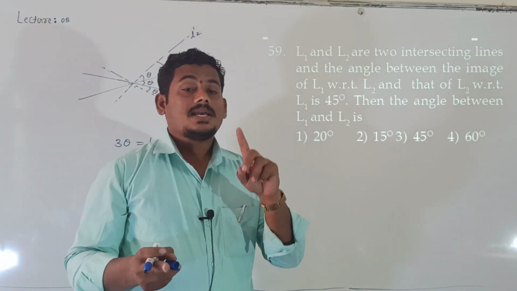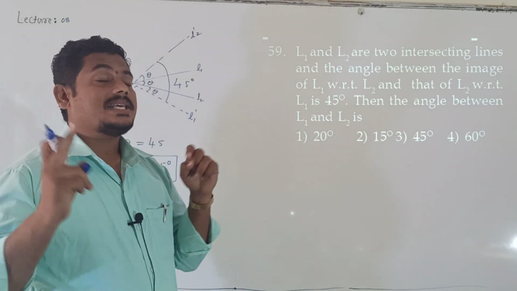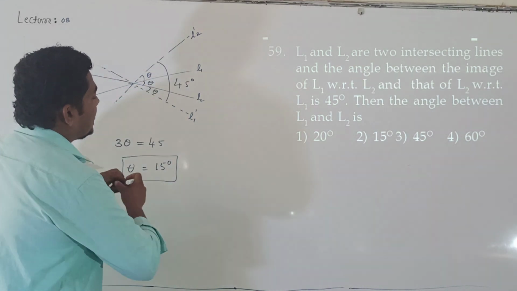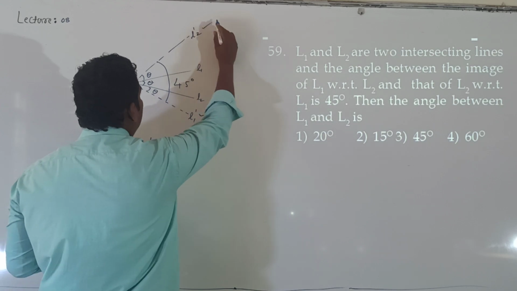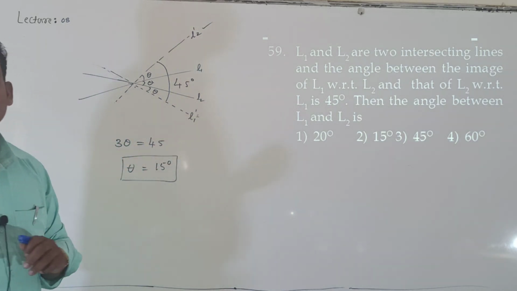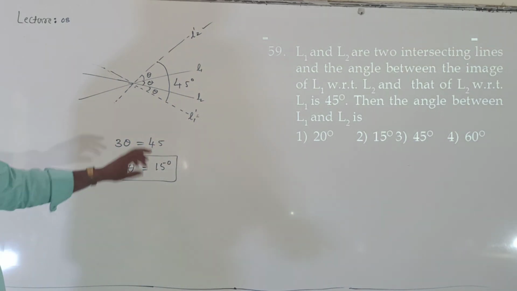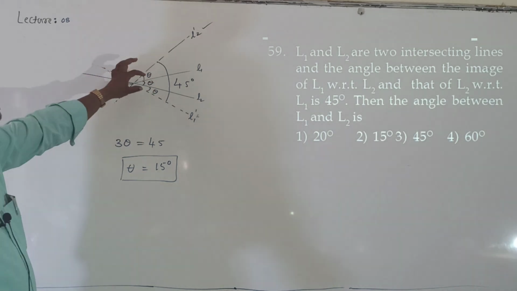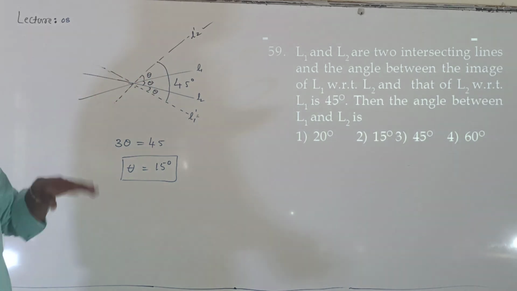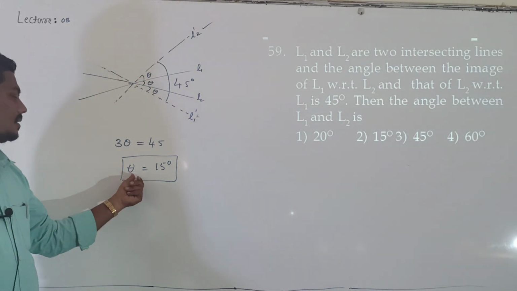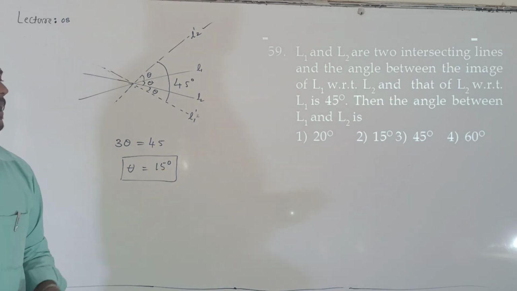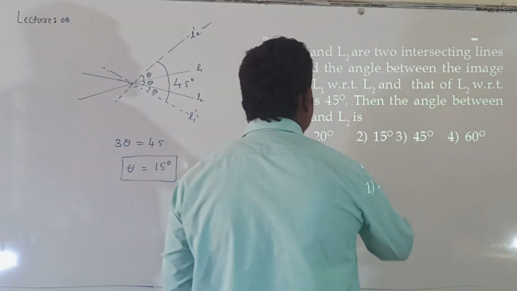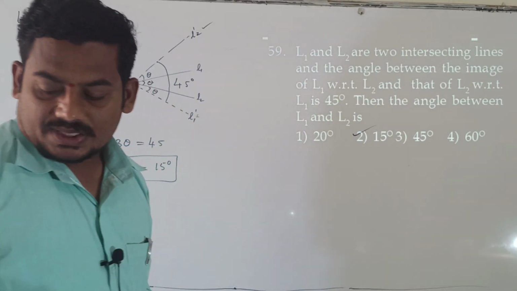They have given the angle between L1 prime and L2 prime, their images, as 45 degrees. Then what is the angle between L1 and L2? Hence, the answer is 15 degrees. That is the second option. Next question.